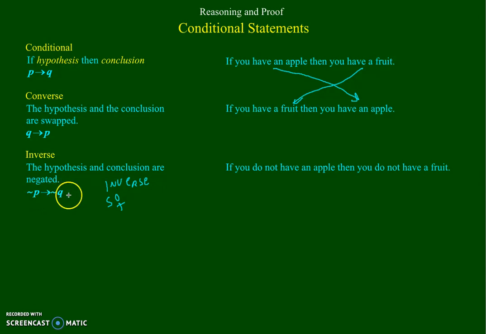So we take the negative of both the hypothesis and conclusion for inverse. So think is not. So the statement would then be, if you have an apple, the inverse is if you don't have an apple, then you don't have a fruit. So the inverse of this complete statement is if you don't have an apple, then you don't have a fruit.